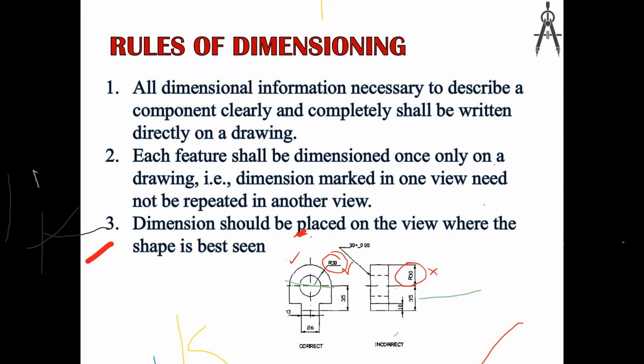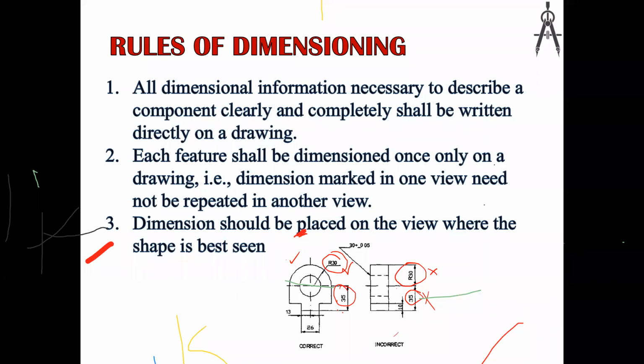If you have given here this height as 35 millimeters, then again you don't want to mark it. Once you mark a given view, you don't want to repeat it. If you want to show something else, then you have to mark it, right?